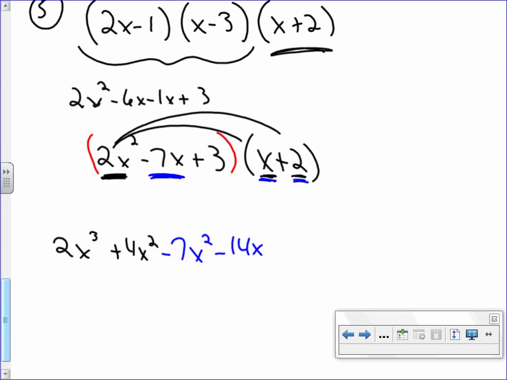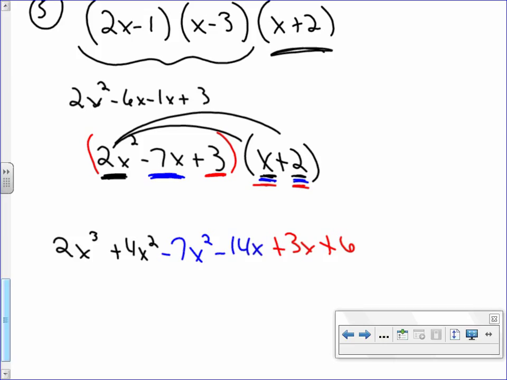And now I'm done with the 7x. So what's left to use? The 3. Now I'm gonna say 3 times x. 3x. And then I'm gonna say 3 times 2, which is 6. It's not hard, you just have to be nice and slow.